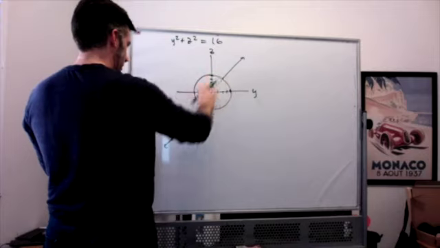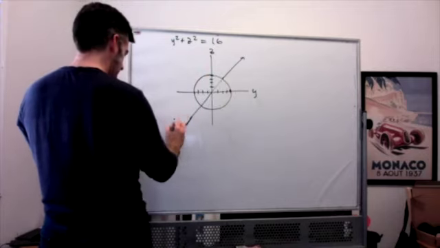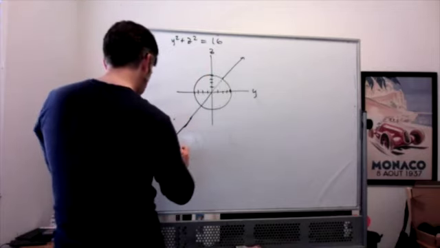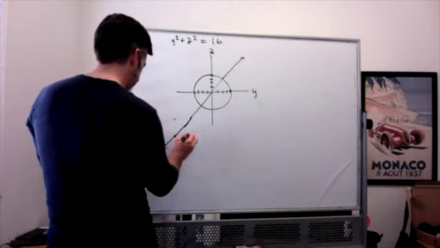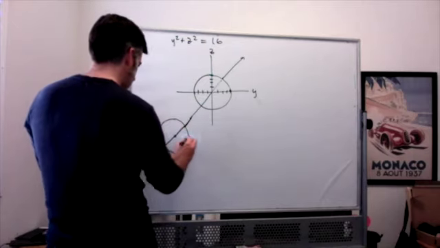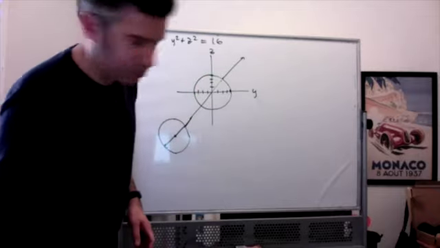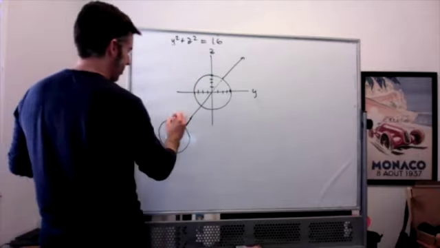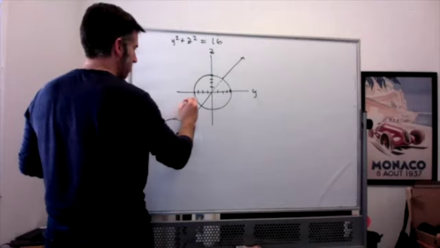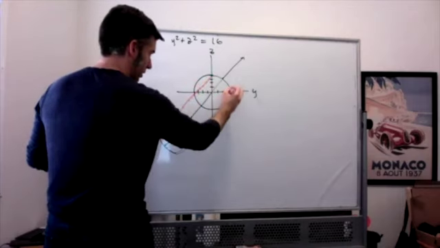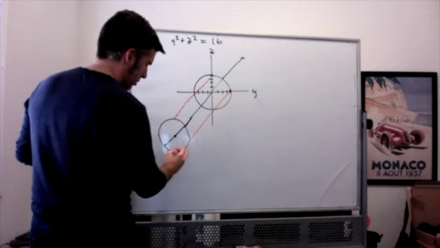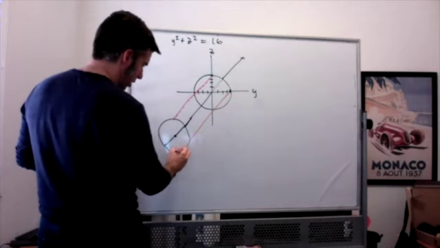I'm going to go up that much, and then down the same amount, and then over the same amount. Try and draw a circle. And then this part connects to that part, and this part connects to that part. And this part maybe you don't want to draw.